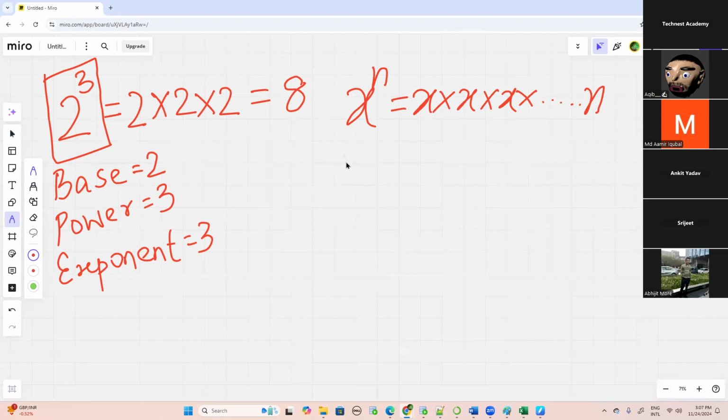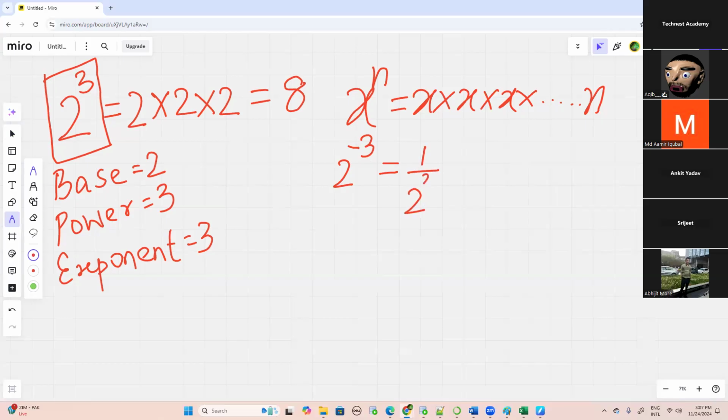If I write here 2 to the power minus 3, what is the meaning of this? 1 divided by 2 multiplied 3 times. Whenever the power is negative, it means you have to place it in the denominator.